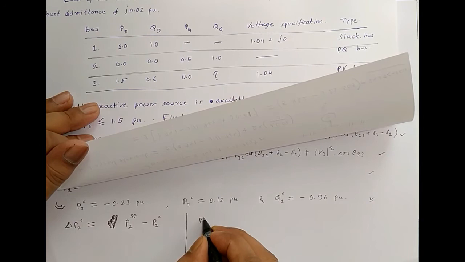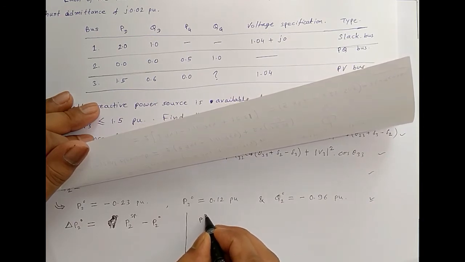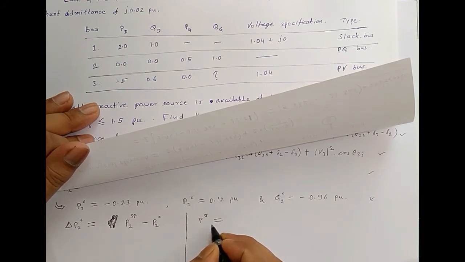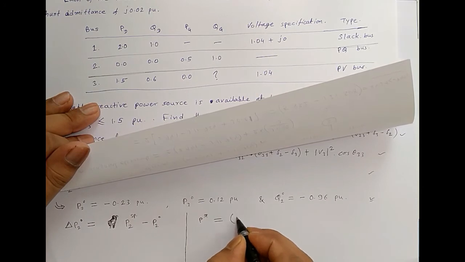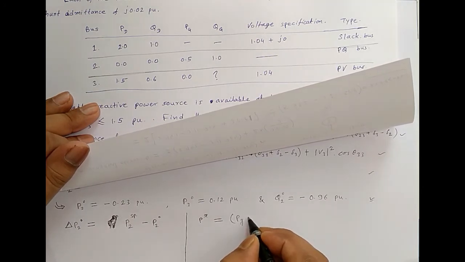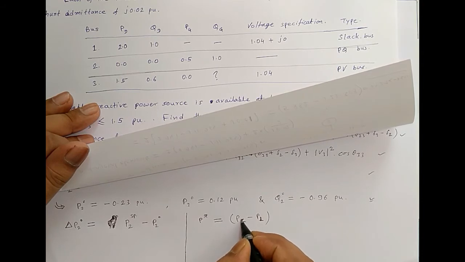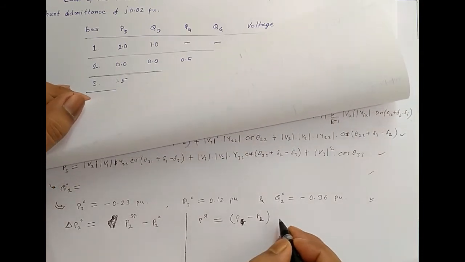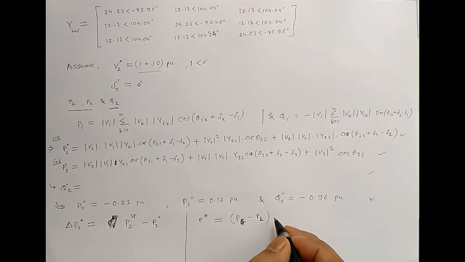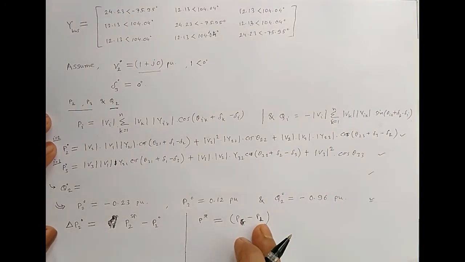We know that the specified value for any bus, or the net power, will be P generated minus P load of that bus, that is Pg minus PL. This is the generated power and this is the load power.